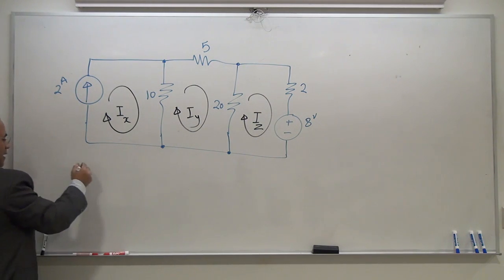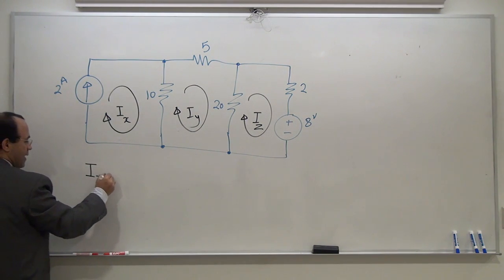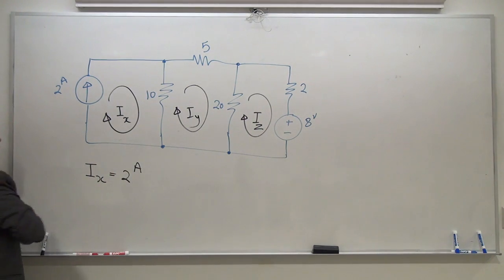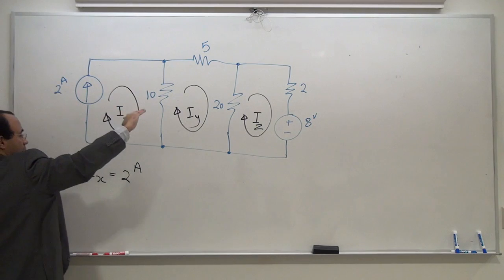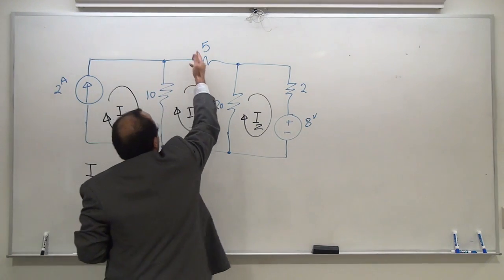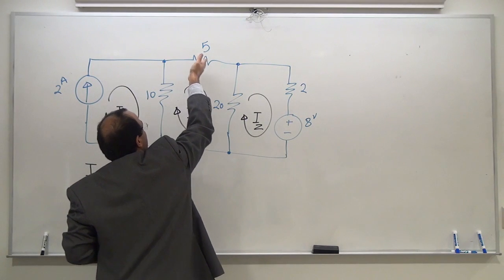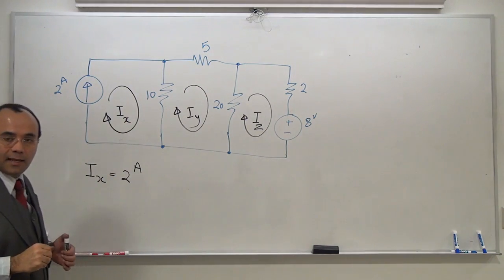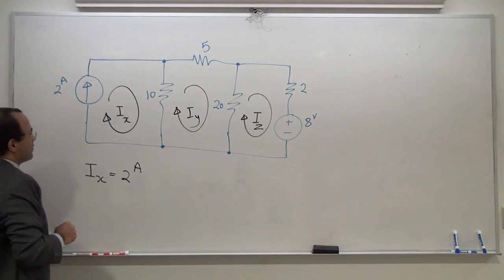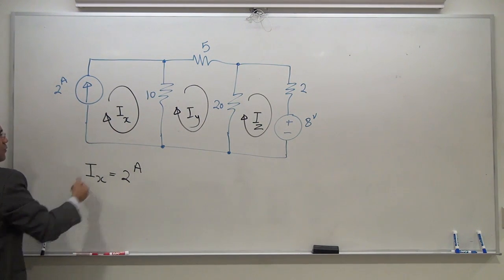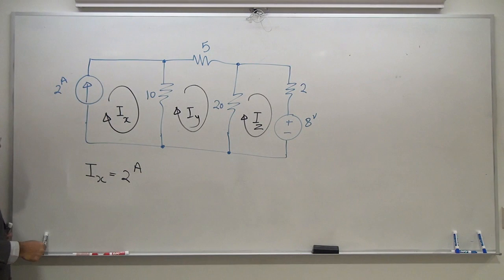Because of that, I can safely say Ix is equal to 2 amp. Remember when we had I5, we said I1 and I5 are the same, and therefore they are equal. In this case, the current is interacting with this loop, and therefore Ix and 2 amp would be exactly the same.